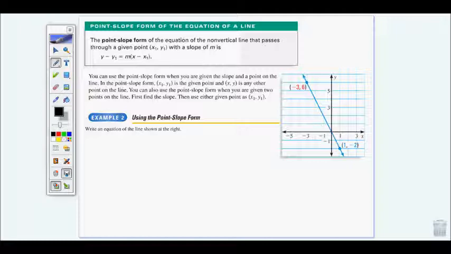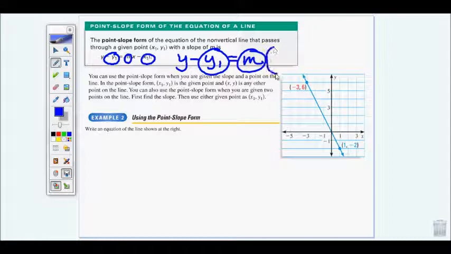So again, you can see this one a little bit better. What we're going to fill out there is this, this, and this. Now you can't see it though. So it's y minus y1, that's going to be a value, equals m, that's going to be a value, times x minus x1. And this is going to be a given value.